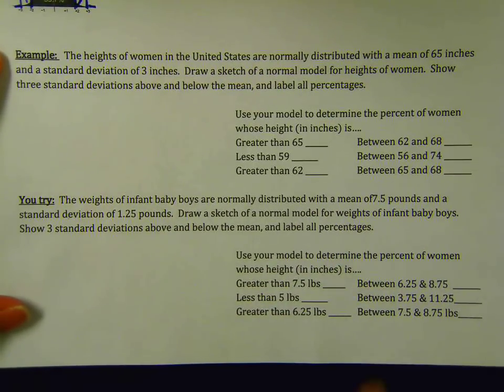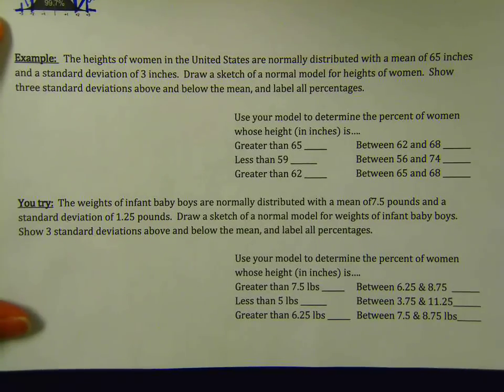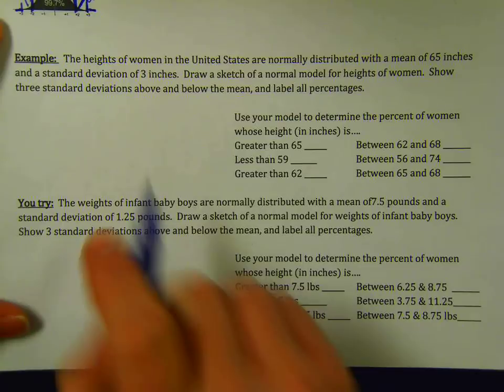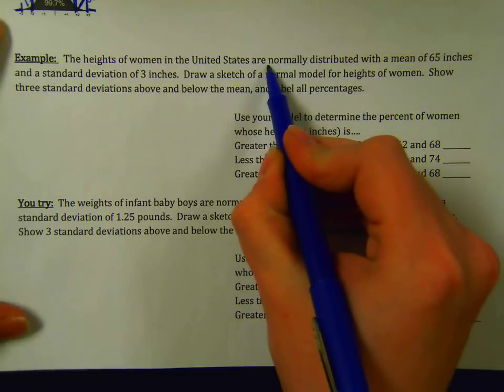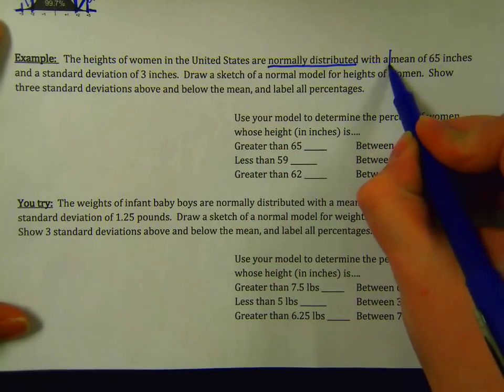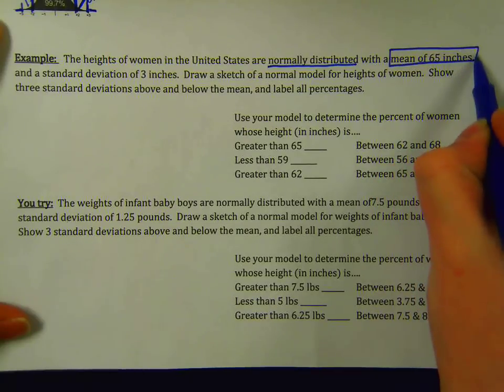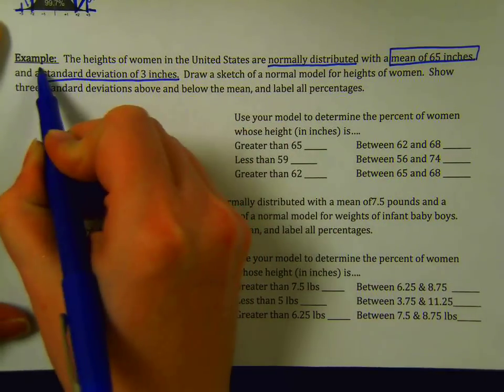Okay, example. The heights of women in the United States. Remember on the last paper, we were talking about how height does do a normal distribution. So the heights of women in the U.S. are normally distributed, important vocabulary there, with a mean of 65 inches and a standard deviation of 3 inches.